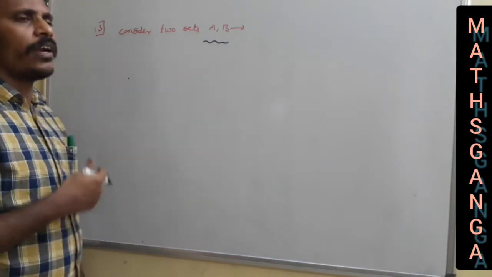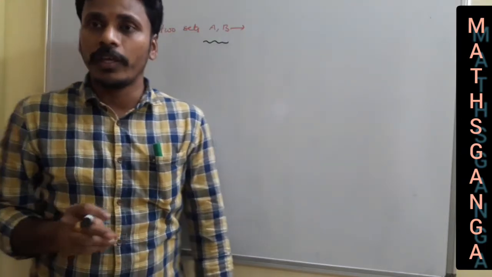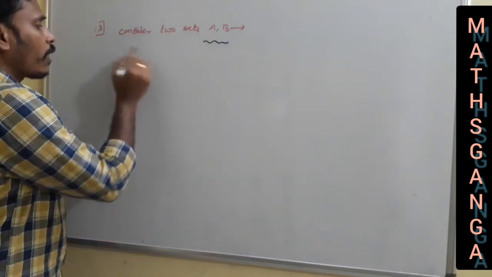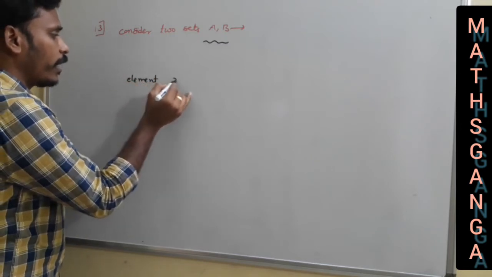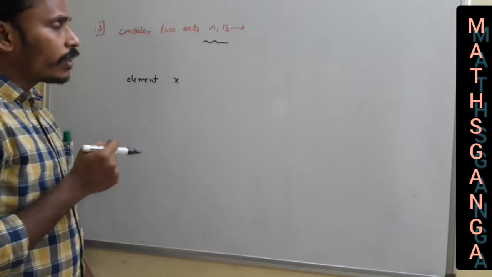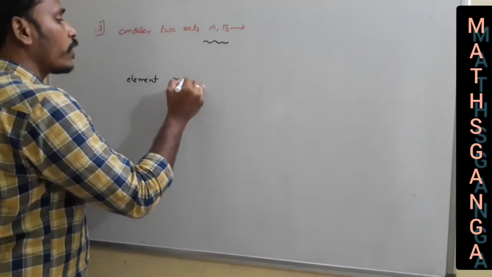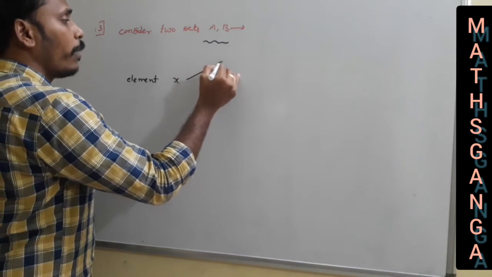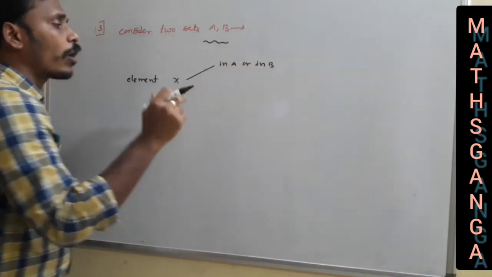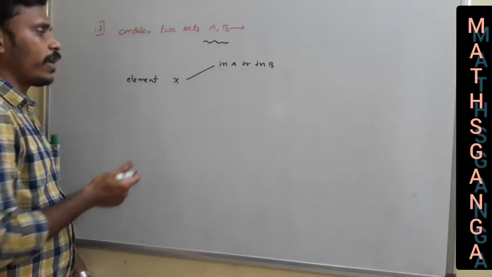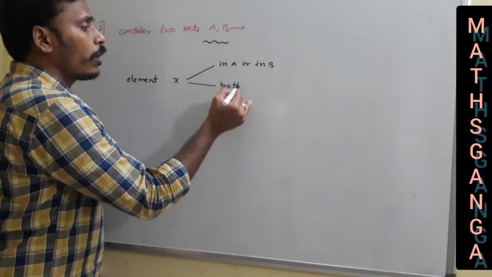I don't know whether it is in A or in B or in the universal set, I don't know anything, but I have an element, say an element X. With reference to the 2 sets A comma B, what are the possibilities for this X? This X may be in A or in B, that means in any one of those 2 sets that X may be located. This X may be in both A and B.